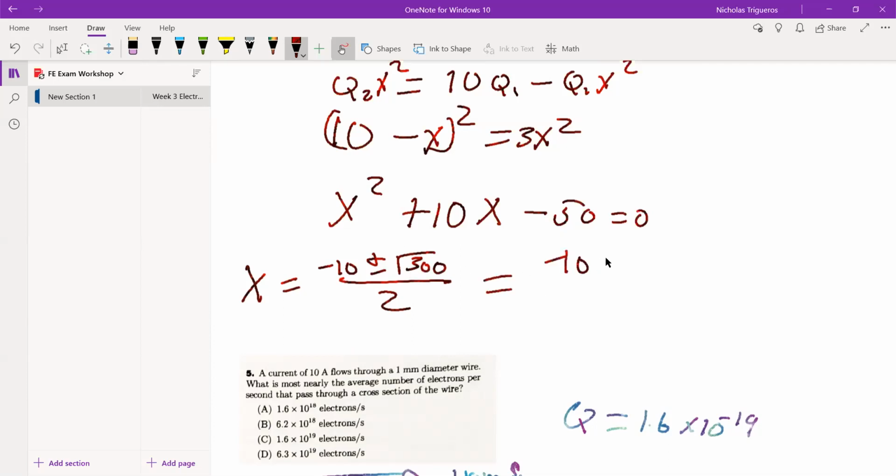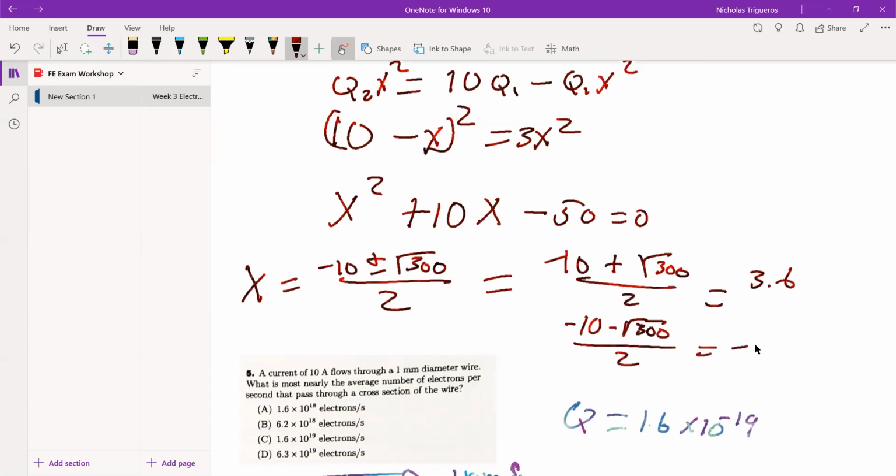If we do negative 10 plus radical 300 over 2, we're going to get around 3.6. If we do negative 10 minus radical 300 divided by 2, we get some negative number, and it doesn't make sense to have a negative number. So we can cross that one out. We're going to go with 3.6.